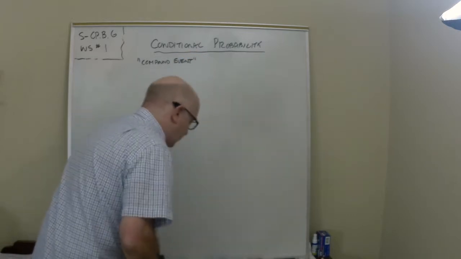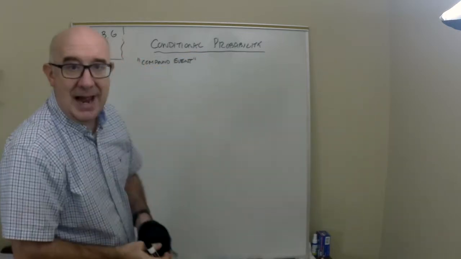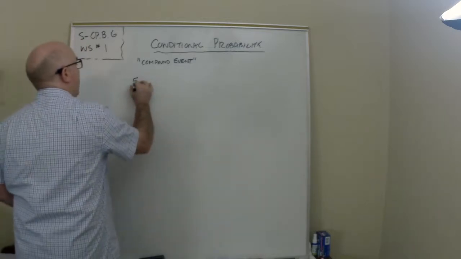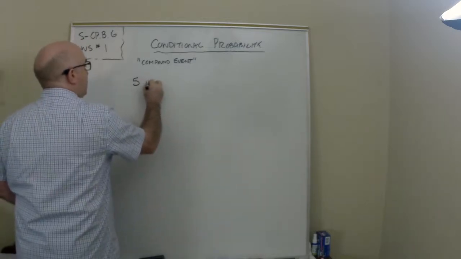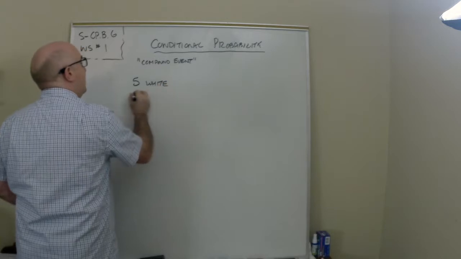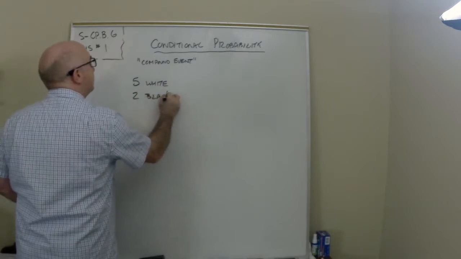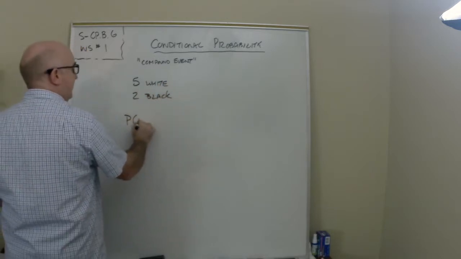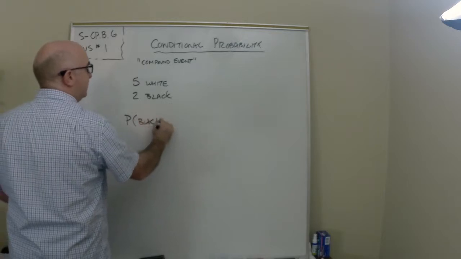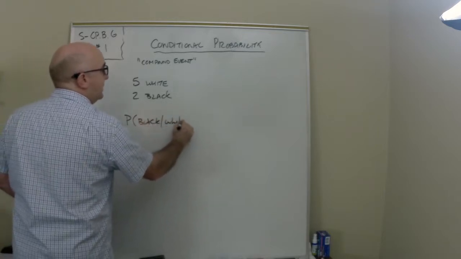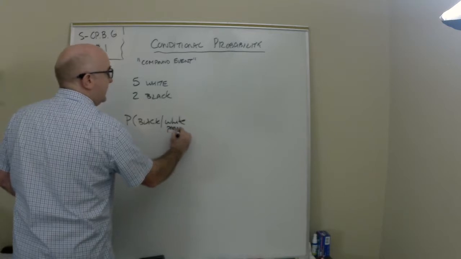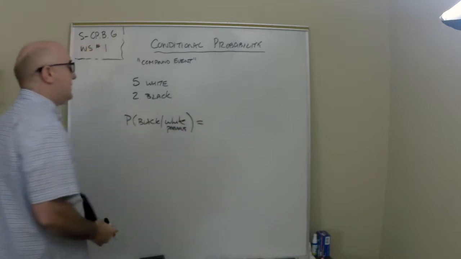They might say to you, in the bag, let's say there are 5 white and there are 2 black. And it might say, what's the probability of getting black given that a white was previously selected? So let's think about that.